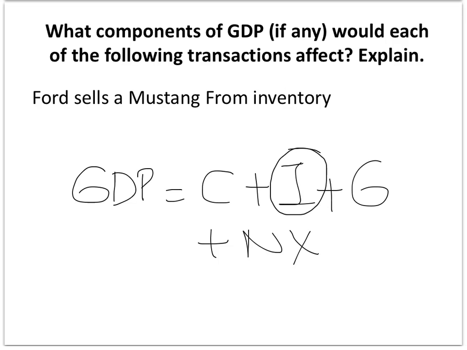So when you sell a Mustang from inventory, investment decreases by one car. At the same time, consumption increases by one car because you buy a car. Consumption increases by one, investment decreases by one. So the net effect on GDP is zero. GDP doesn't change in this example.